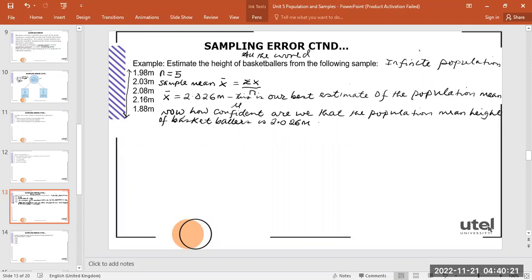So we want to know how confident are we that this 2.026 meters is the mean height of the basketballers in the world. And usually we do that by calculating the standard error. So we do that.